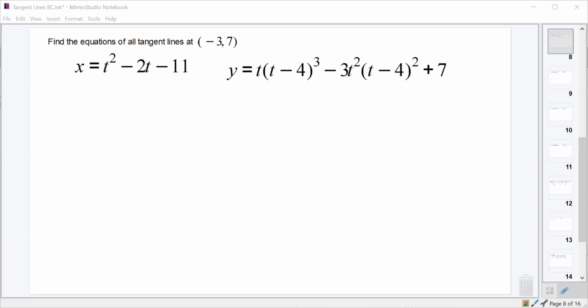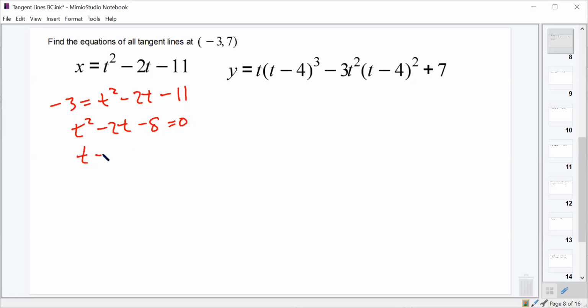All right, let's take a look at it. So one thing that we need to do is figure out when x equals -3 and when y equals 7. To get when x equals -3, we'll just set -3 equal to the x portion of our parametric, which will give us t squared minus 2t minus 8 equals 0.